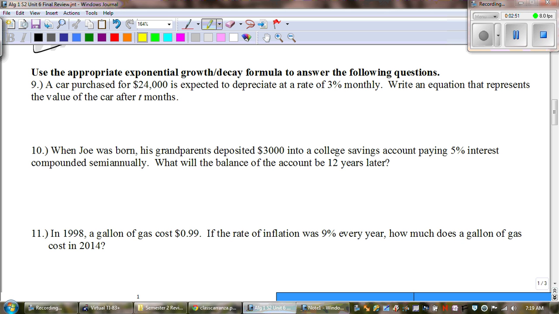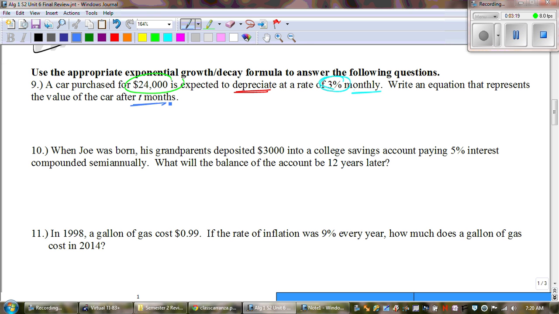So, the car purchased for $24,000 is expected to depreciate at a rate of 3% monthly. Write an equation that represents the value of the car after t months. They're not asking us to solve it, just to write the equation.